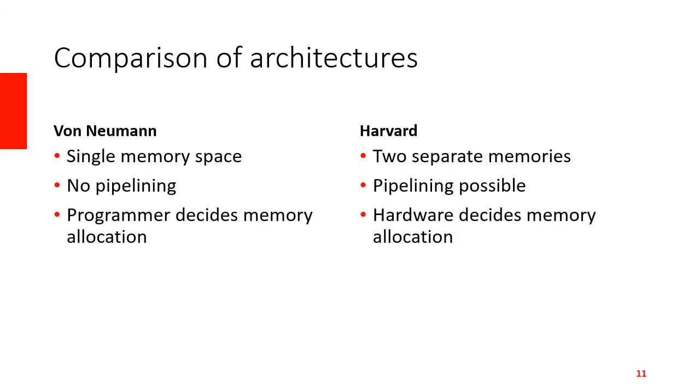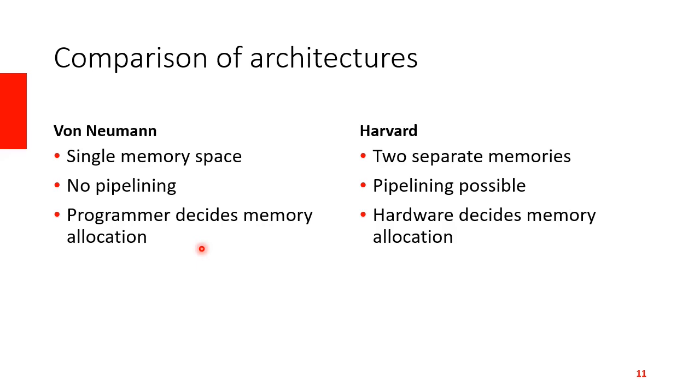The advantage is that you just need one memory space, and you share it, so the programmer can decide the memory allocation. Should I define a lot of variables, or do I need to spend a lot on my code? That you decide when you are writing the program.